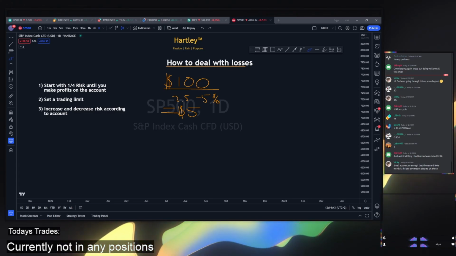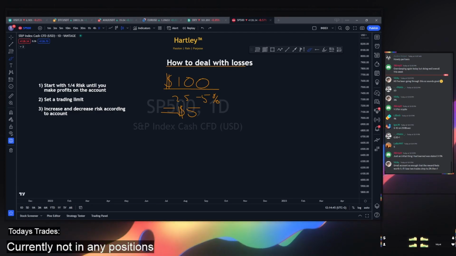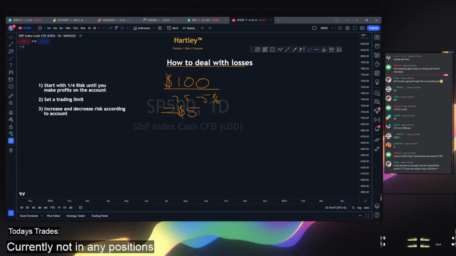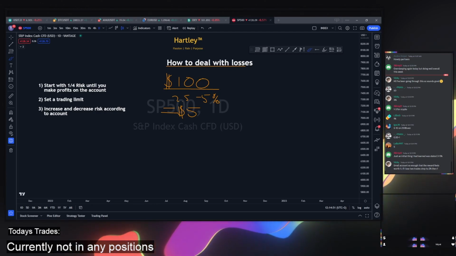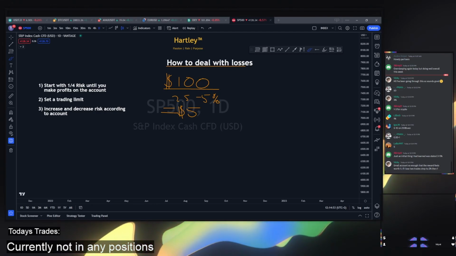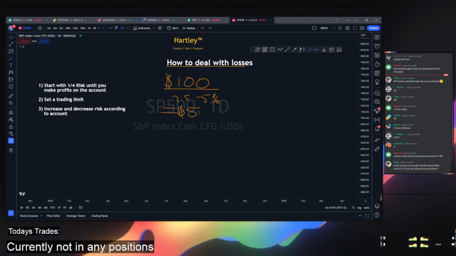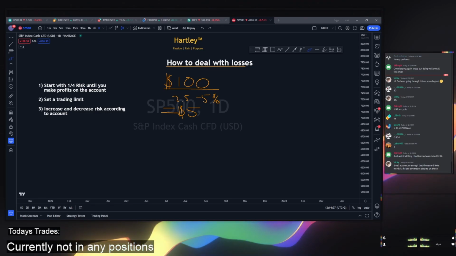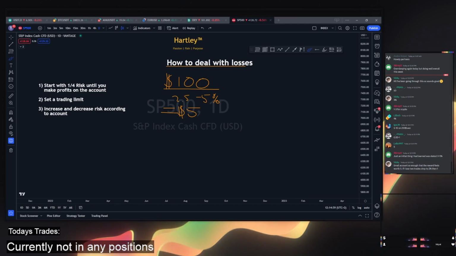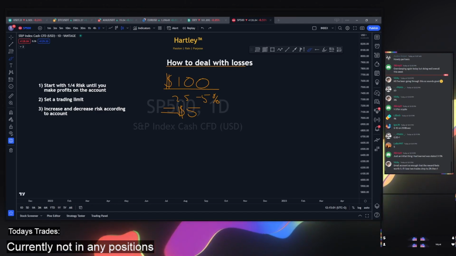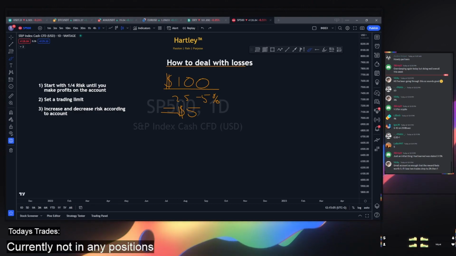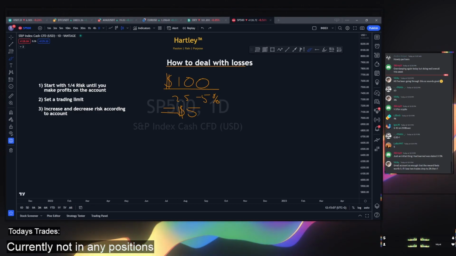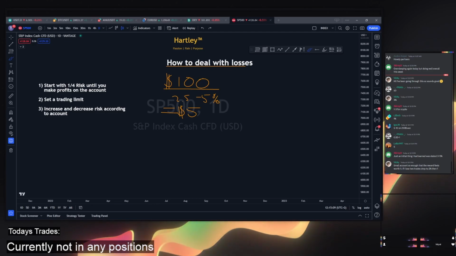I don't do it, but I know some people do. But instead of saying plus $100, it'll say plus 100 points or plus 50 points or plus 20 points, depending on the currency you're trading and the market that you're trading. The points will vary. For example, gold will trade at a different point reading than the currency indexes will. The NASDAQ will trade at a different point reading than what gold will trade at.